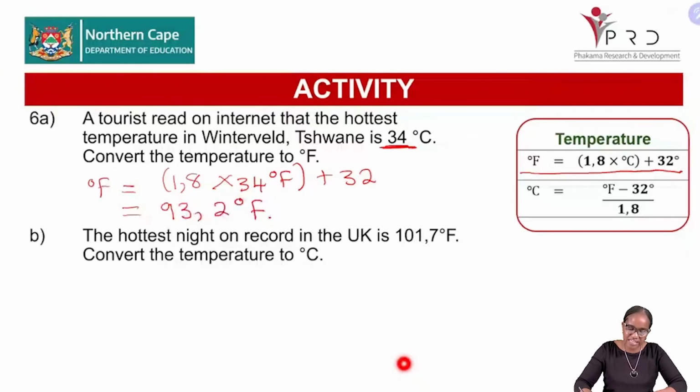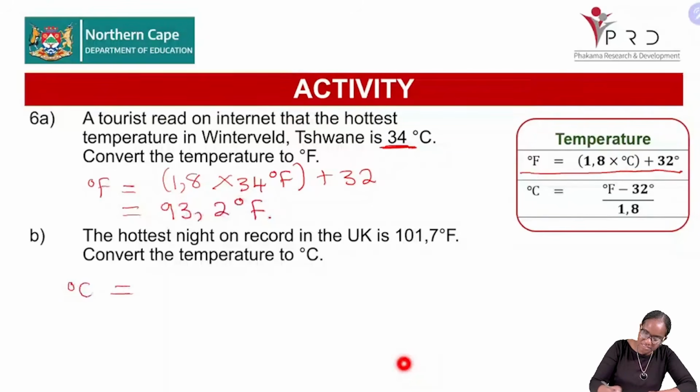Right. Another question. The hottest night on record in the United Kingdom is 101,7 degrees Fahrenheit. Convert the temperature to degrees Celsius. Now we are converting to degrees Celsius. We use this formula. So we are given the temperature in degrees Fahrenheit.